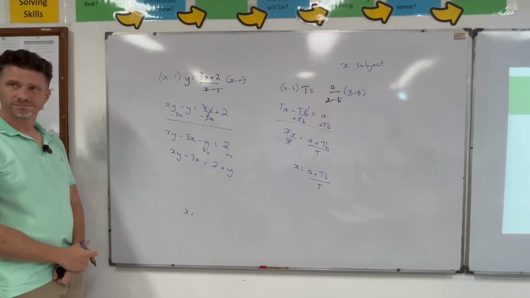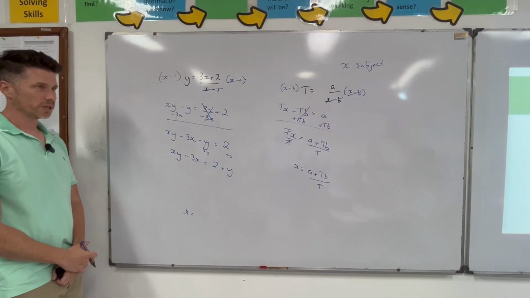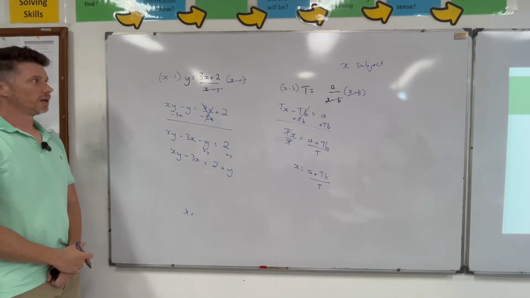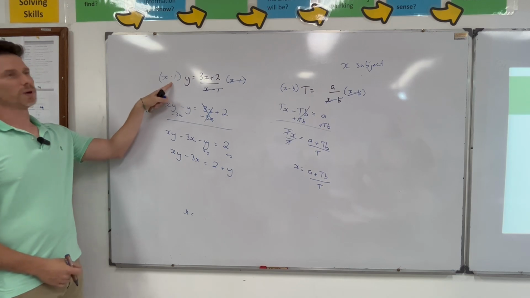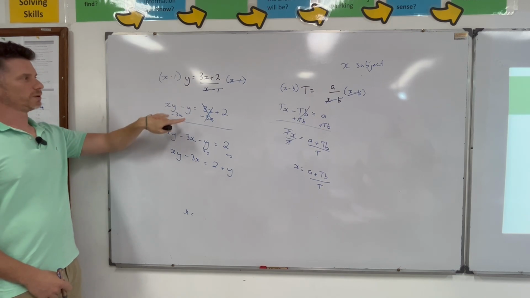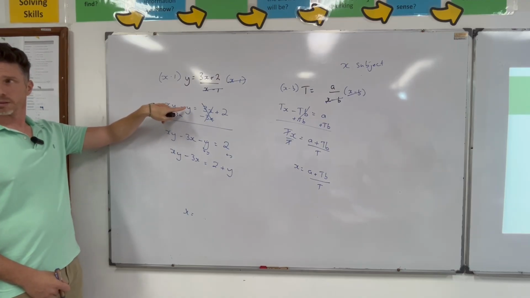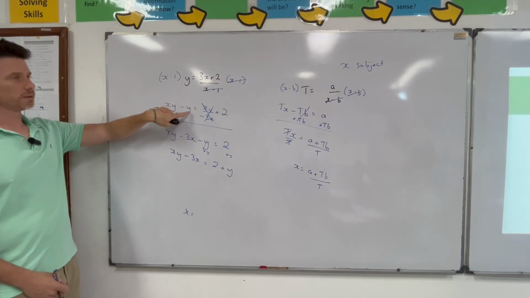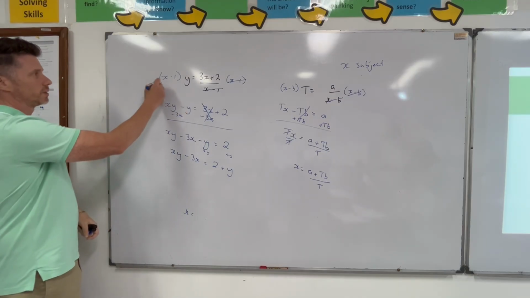Any ideas? Look at the start of the question. When I had this here, there was only 1 y, but when I multiplied it out, it ended up with 2 y's. So what would be the opposite to doing that? How could I go back this way?